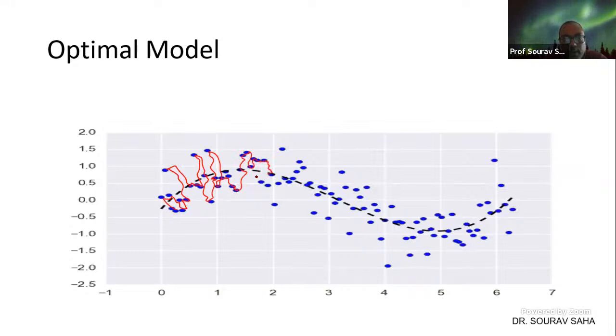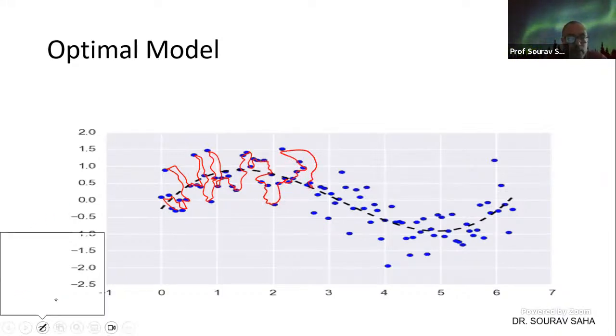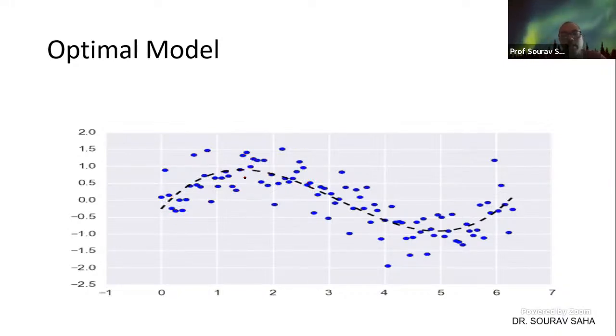The optimal model should have a smooth balance between overfit and underfit. It is not able to map all the cases properly. Is there no bias? Yes, there are some biases, this part, this part, and this part. But overall, if you look at the bias and variance, it is balanced.